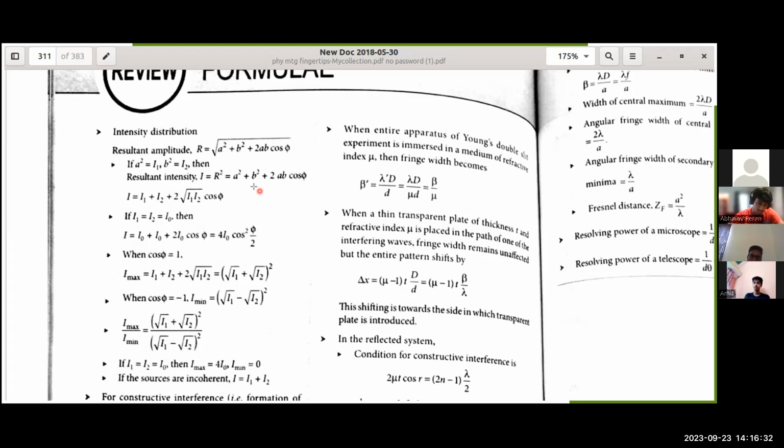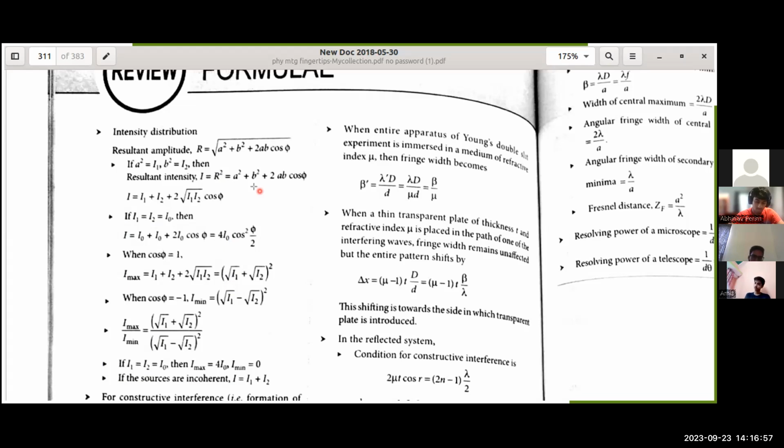Next, when both sources are of equal intensity, then the maximum is 4I0 and minimum is 0. So this is the beauty of wave optics. If you shine two torches, one of I0 and another also of I0, at the same spot on the wall, in general you would expect that the intensity at that point will be 2I0.